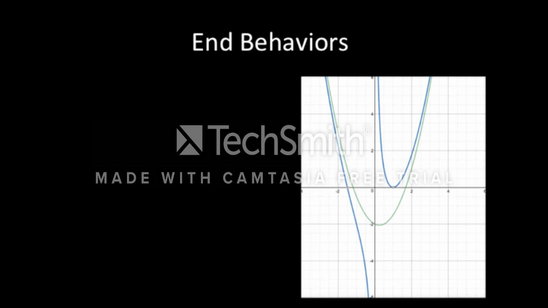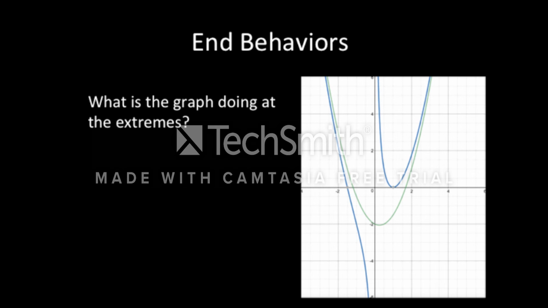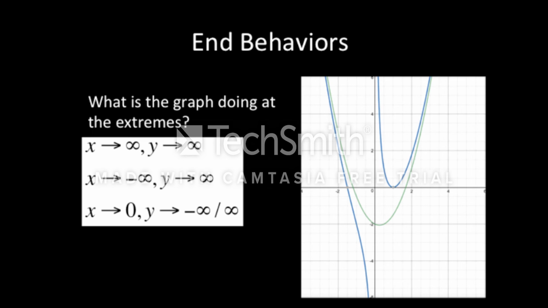Although not mentioned before, we will also be determining the end behaviors of our graph. The end behaviors of a graph are simply, what is the graph doing at the very extremes? So, as x approaches either infinity or negative infinity, what is happening to y? However, a graph also has a vertical asymptote, so that will also be taken into account, giving us these three formulas.